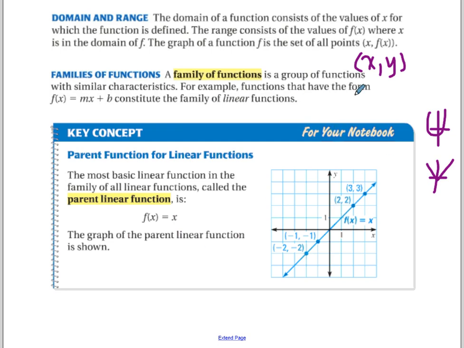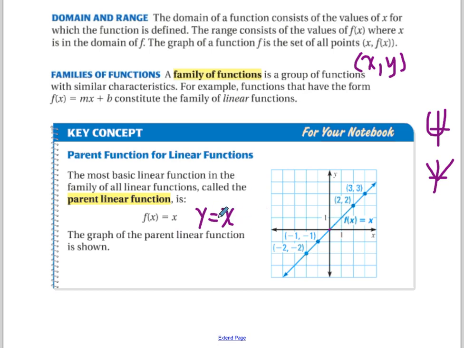And in this case, we know that the functions we've been dealing with are f of x equals mx plus b, or y equals mx plus b. Okay, so our parent function for our linear function is just f of x equals x, meaning y equals x. If you notice that my intercept would just be 0 because there's nothing after that, so we're starting at the origin.